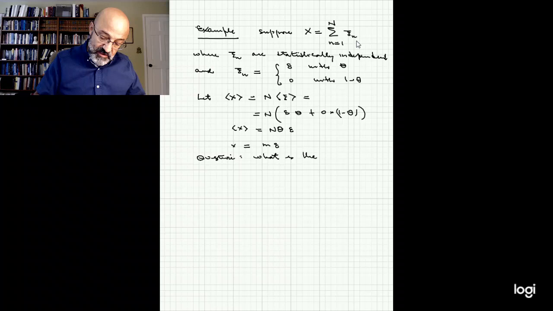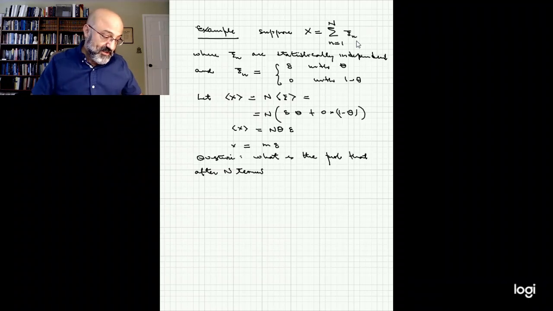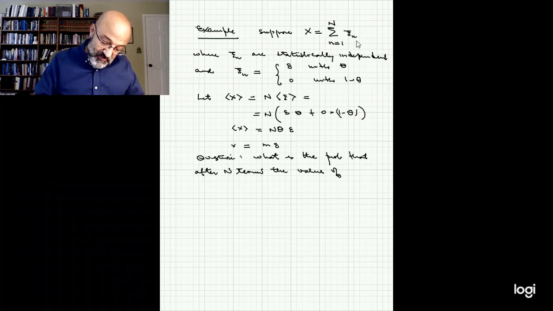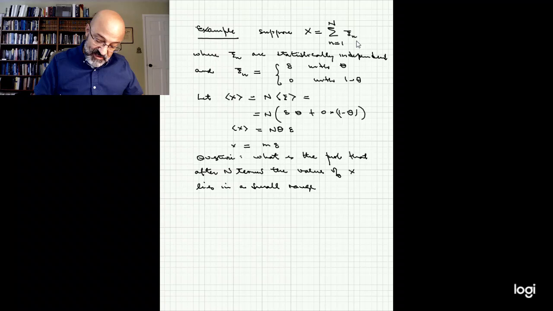What is the probability that after n terms in the sum, the value of x lies within a small range, which is x in this case is m epsilon minus some small range to m epsilon plus some small range.